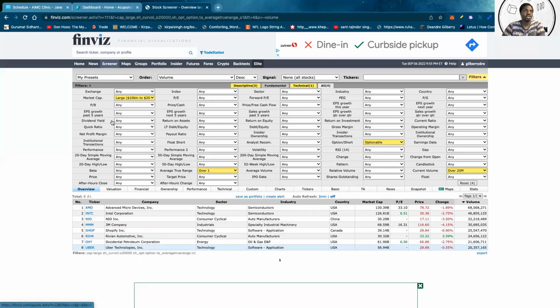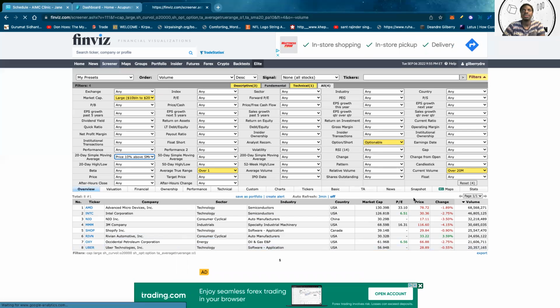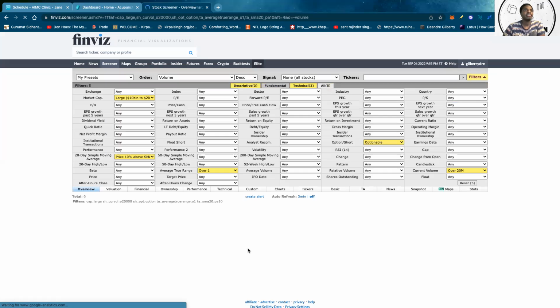If price goes above this 20-day moving average, say 10%, it gives you those tickers, and then you can see if we're headed in that bullish trend, if it's above the 20 EMA or SMA, the simple moving average. So play around with all of these things. RSI, so many different things that you can use to your advantage and help you become a beautiful trader.